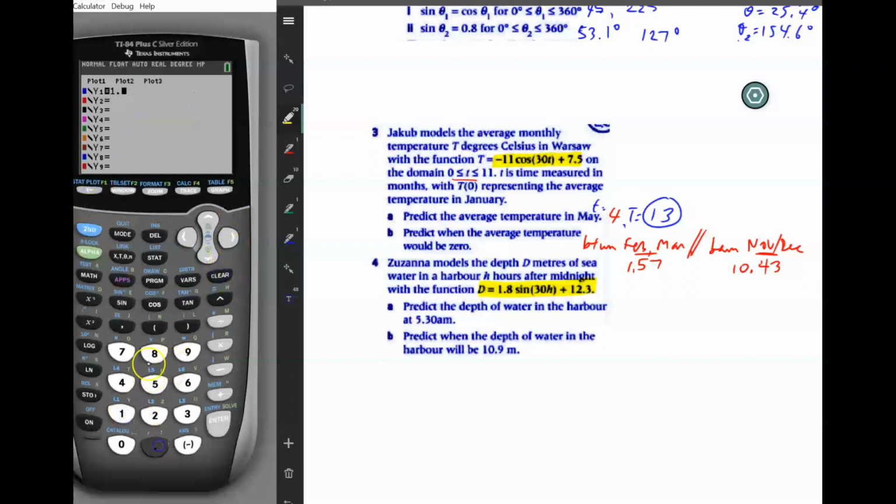It's going to be 1.8 sine, 30 times x, parentheses, plus 12.3. And we're going to graph that.